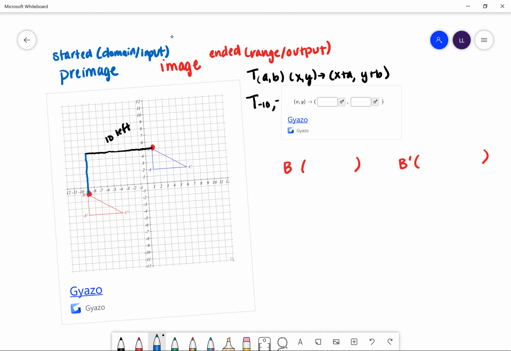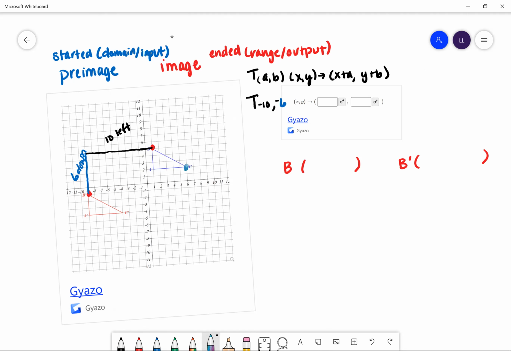So I can check all the points, and all of them have to move left 10 units and then 6 units down. All of the points are going to have that behavior. So that's -6. And just to make a point, let's go ahead and prove that. Let's look at the letter C.